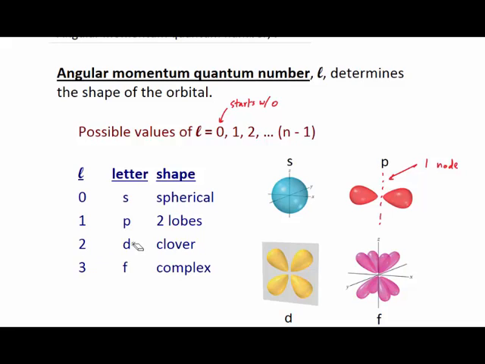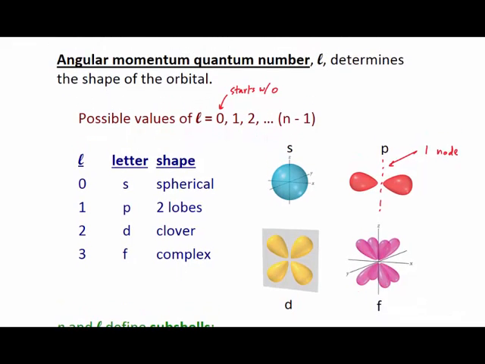l equals 2. Those are called d orbitals. They are, for the most part, clover-shaped. I'm going to show you a picture with some more of them. But they have 2 nodes.